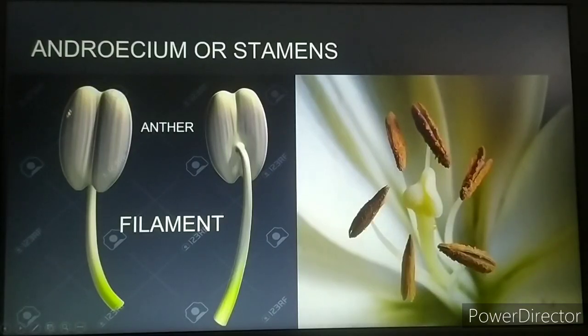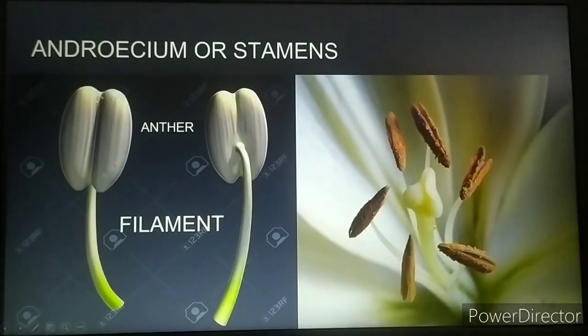It is a sac-like structure. This is the filament, and to the filament this bilobed structure is attached, and this bilobed structure is called the anther. Each anther lobe has two pollen sacs.